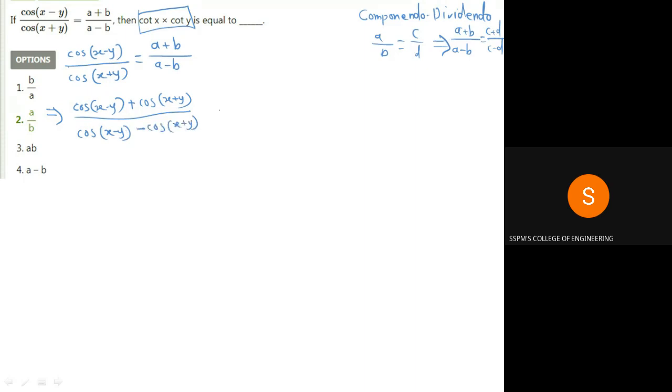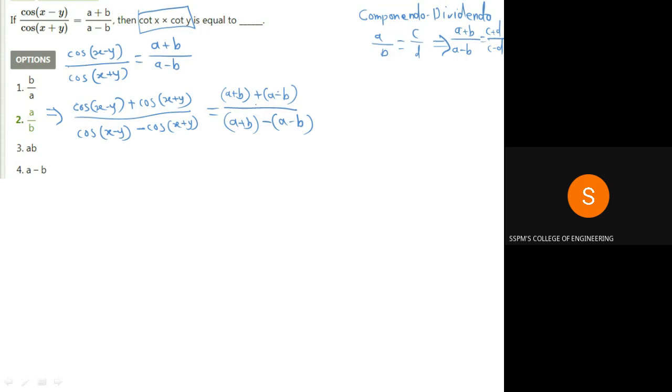See what we have done here? We have added the numerator and denominator in the numerator, and then we have subtracted them. Similarly, we can do it here as well: a plus b plus a minus b, and now we will subtract, a plus b minus a minus b.